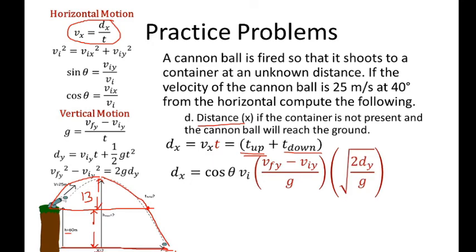We have this one as our equation for dx, and our T up is this one coming from this equation, and this one right here coming from this equation wherein we considered dy and gravity.